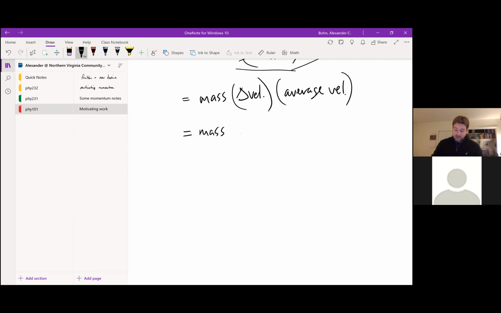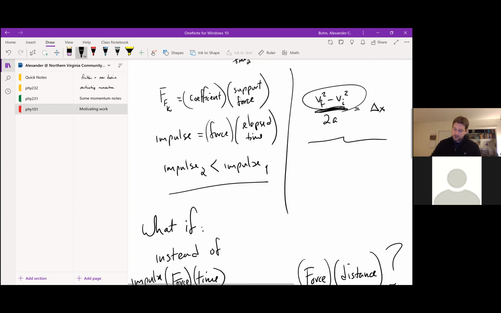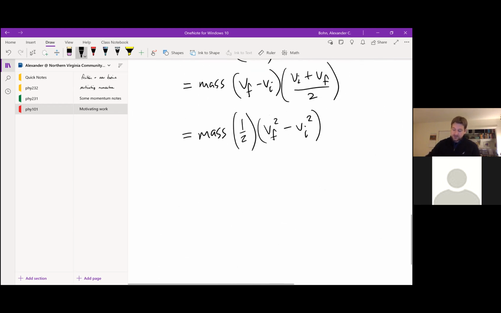The change is the final minus the initial. The average is the initial plus the final over 2. And you've seen this trick before because that's how we ended up with our kinematic equation, where we distribute through the binomial, we've got a FOIL, and we end up with the difference of two squares.